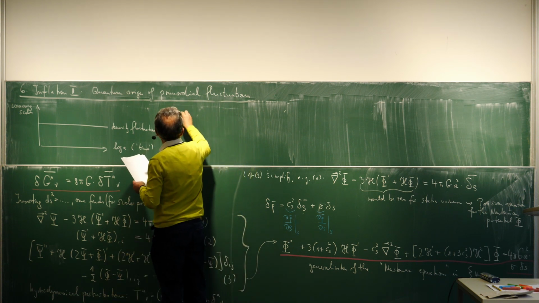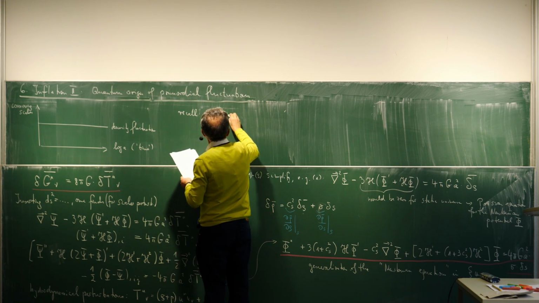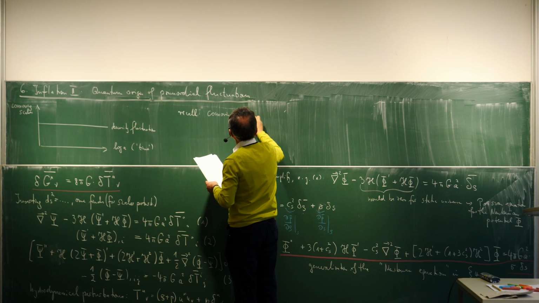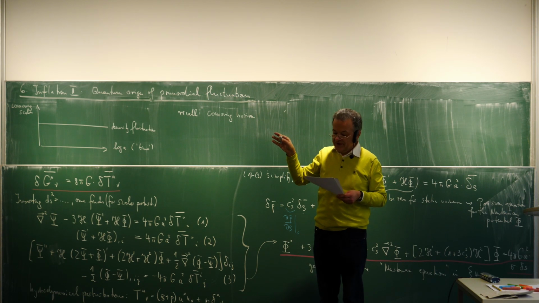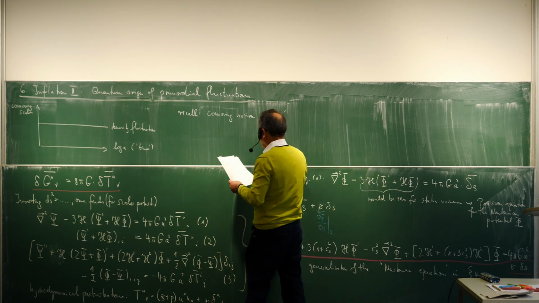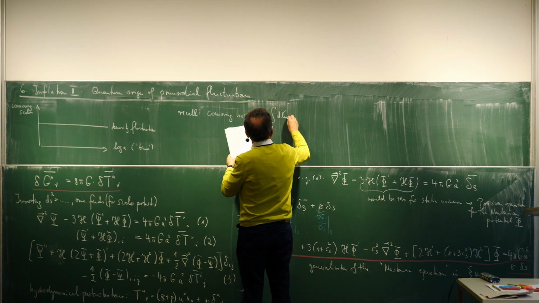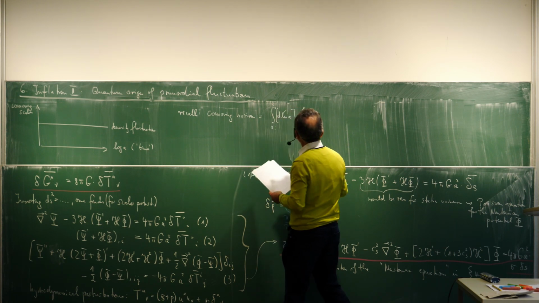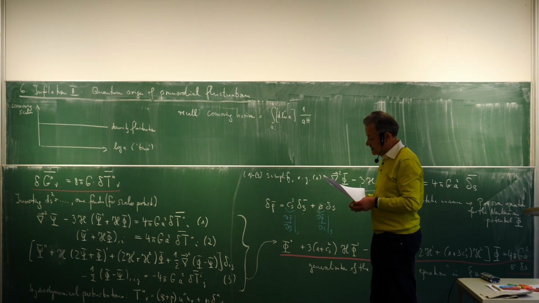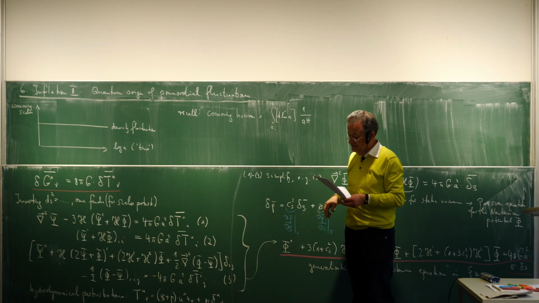Now recall what we had before. We had a comoving horizon, which is just the integral dt over a of t, which you can rewrite as follows. You can write this as the integral from, say, some initial a to a, and then we have d ln a times 1 over aH. That's the comoving horizon.